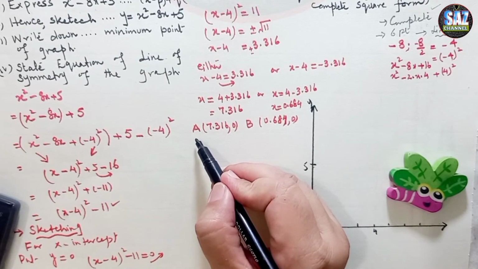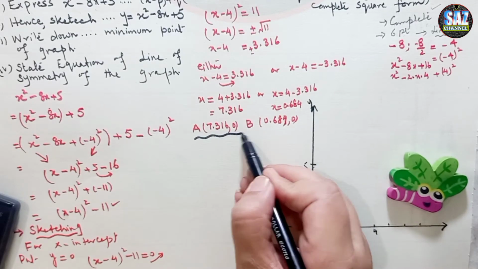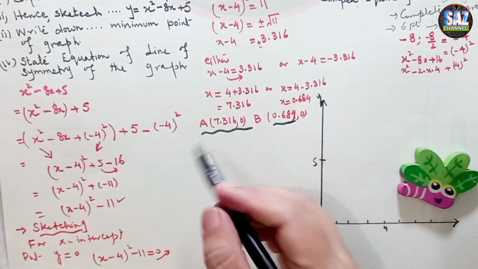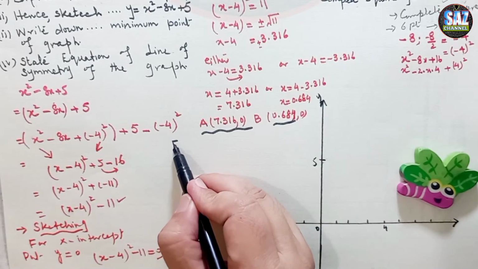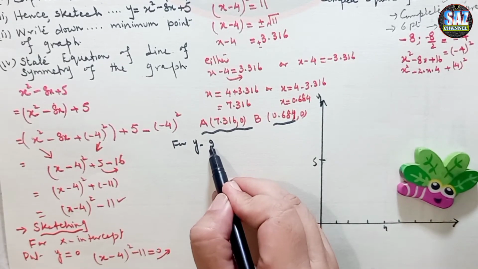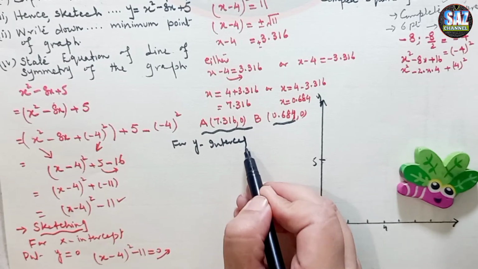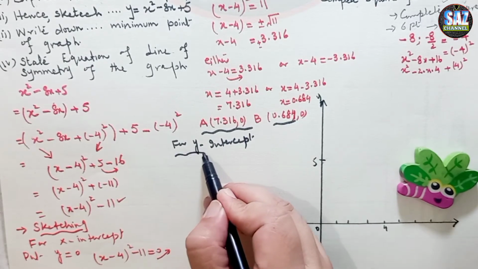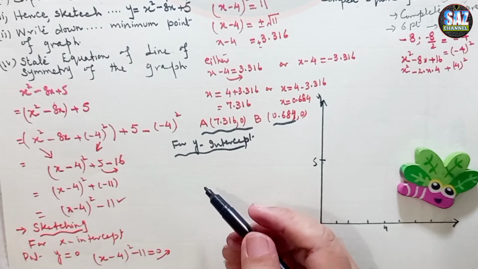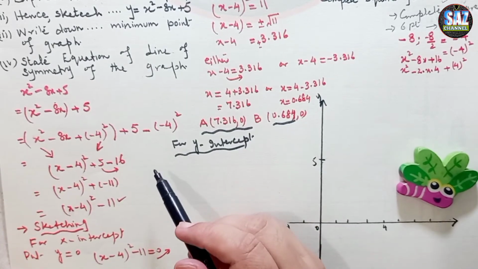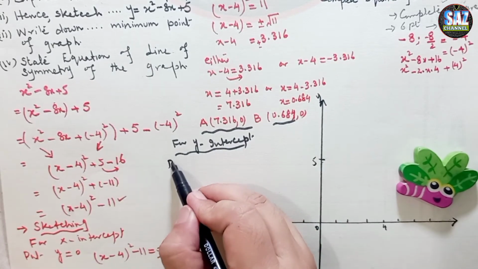Okay, and then for the y-intercept, we have to make x equal to 0.